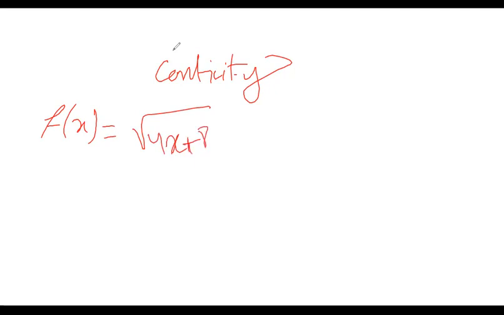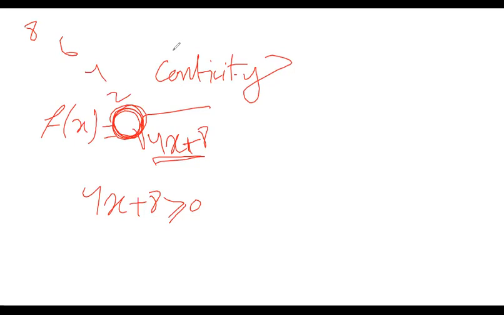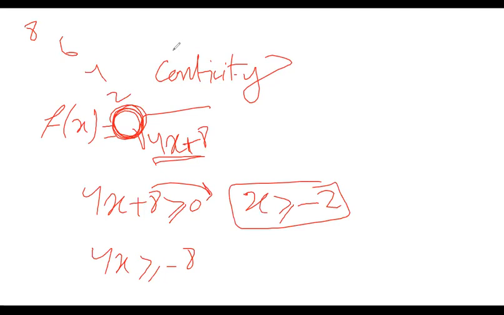Whenever you have a square root or an even root, let's say 2, 4, 6, 8, any even root, then directly the function will be continuous where the radicand is greater than or equal to 0. So here 4x plus 8 is greater than or equal to 0, so the function is continuous only at x greater than or equal to -2.